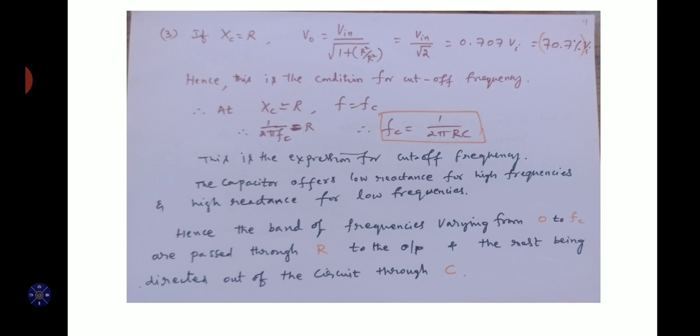Hence, the band of frequencies varying from 0 to Fc are passed through R to the output, and the rest being directed out of the circuit through C.